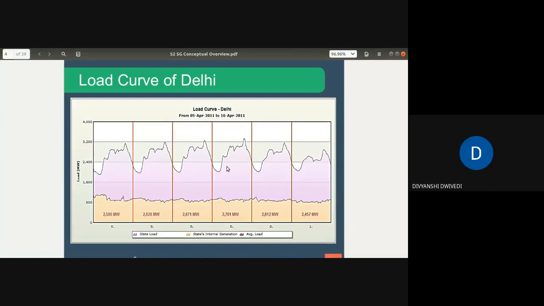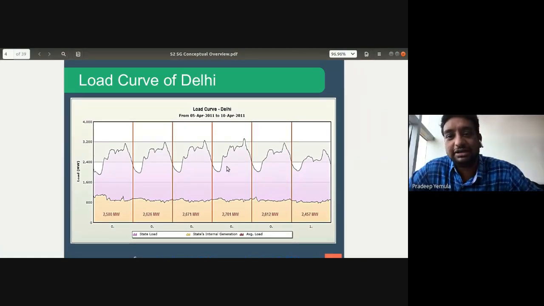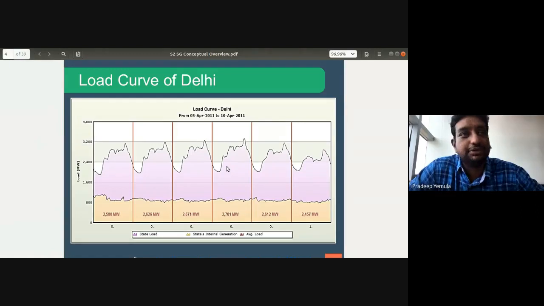So here the question comes: if I want to meet this demand, which is highly variable, how much generation capacity is required? Since there are several people on the call, I'll just pause and ask you: how much should be the generation capacity to meet this demand? What you see on the screen is the demand.